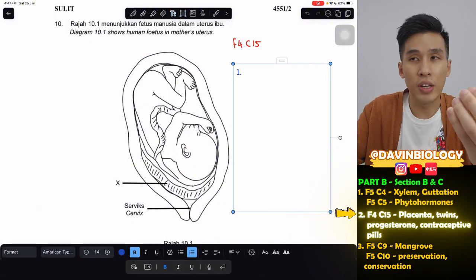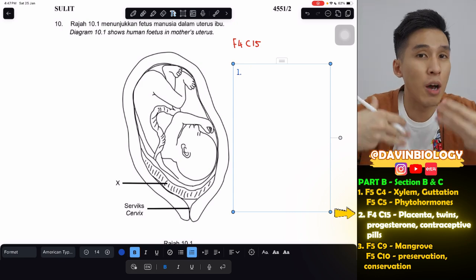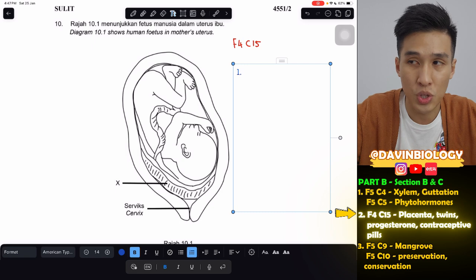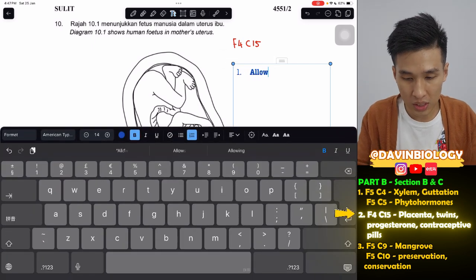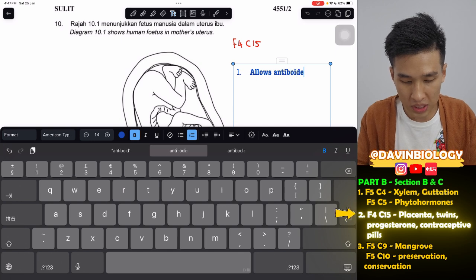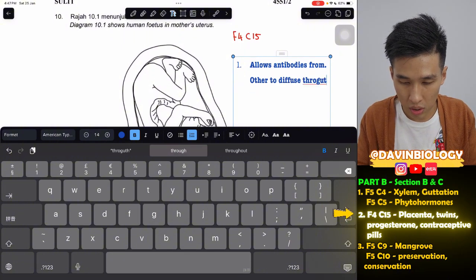Number one, placenta actually allows certain things from the mother to come into the baby, which can help the baby in immunity, which is antibodies. So you can say that it allows antibodies from mother to diffuse through it.